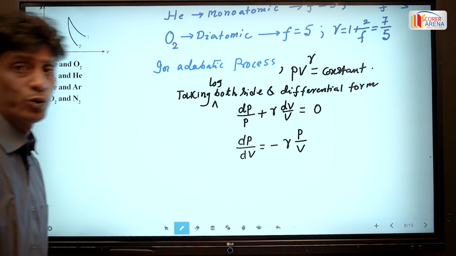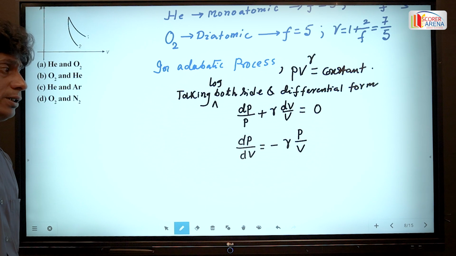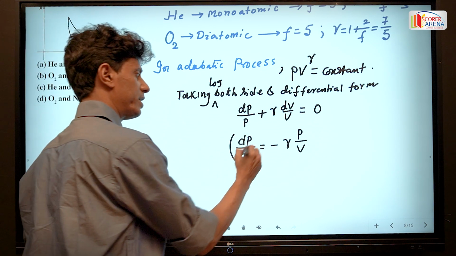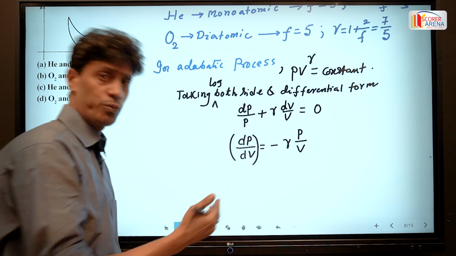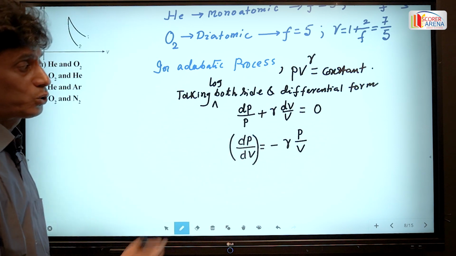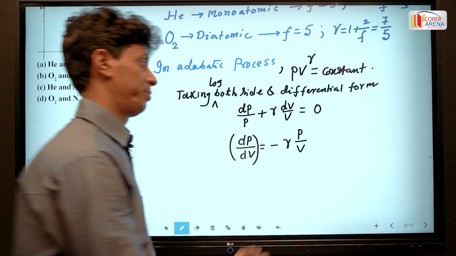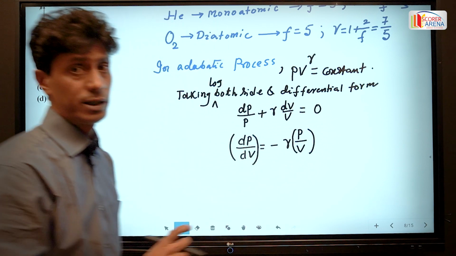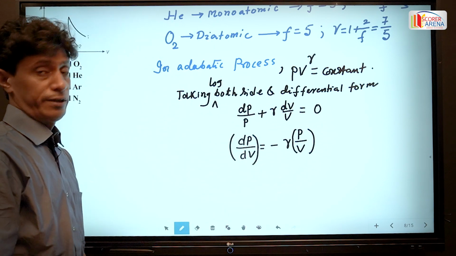If gamma is more, then the slope of the graph, that is dP by dV, which represents the slope of the P versus V graph, is equal to gamma times P by V. P by V means the pressure and volume at that point where the slope is taken.